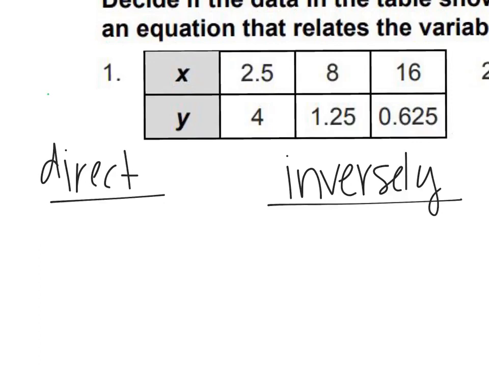By the way, if direct variation means as one thing gets bigger, the other one gets bigger, what do you think inverse or indirect variation means? As one gets bigger, the other one goes smaller. Okay, so they have an opposite effect on each other.